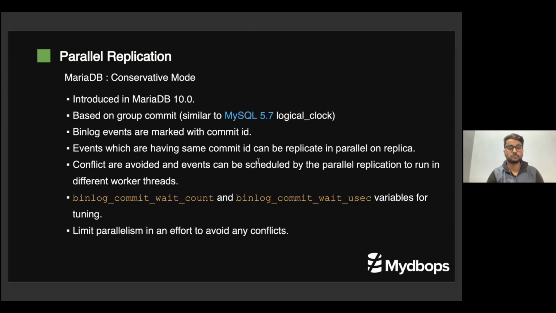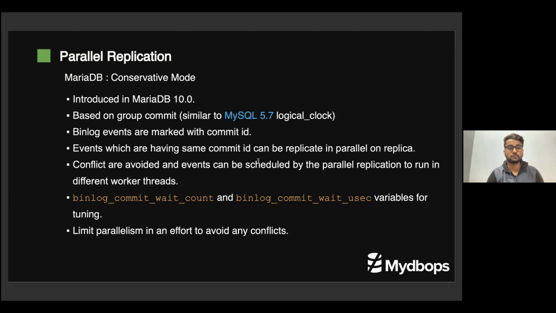Now the conservative mode, which was introduced in MariaDB 10. It is basically the same as MySQL 5.7 logical clock based on group commit. All the transactions which have the same commit ID will form a group and be committed together on the master. Those transactions which are in the group can be applied in parallel on the slave.